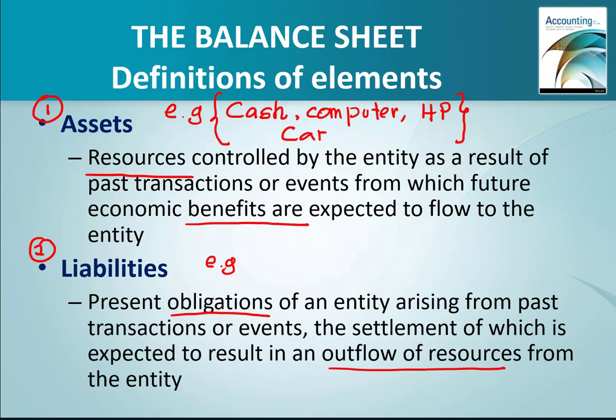For example, if you took a loan from the bank, maybe a study loan, at the end of the term, maybe every year, you need to pay the bank a sum of money. So this is your obligation. Yeah, a loan from banks, maybe a loan from a supplier or a loan from another third party. So this is what we call the obligation of the entity, or we normally use the term liabilities.